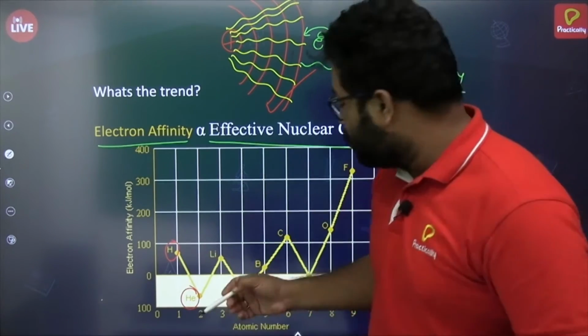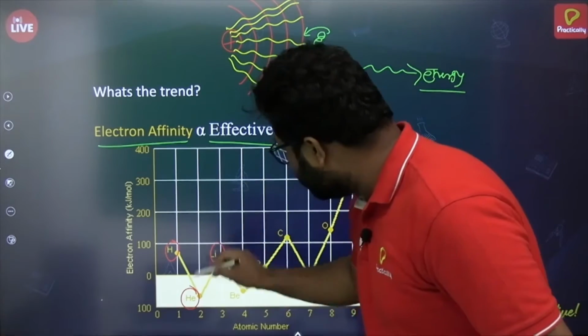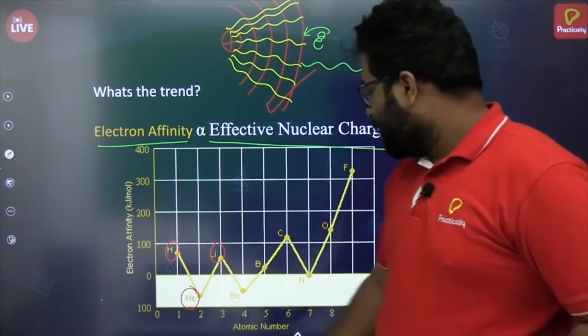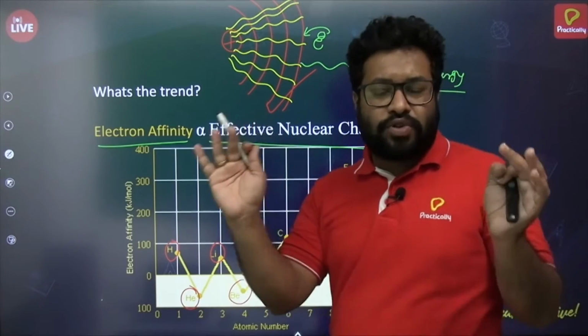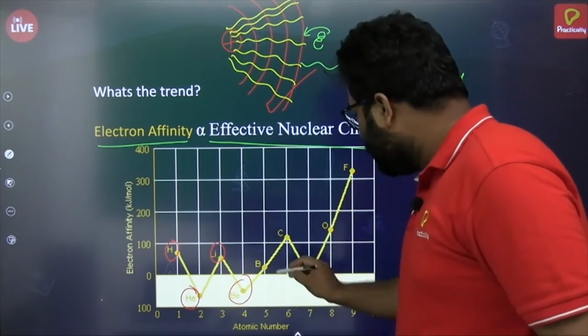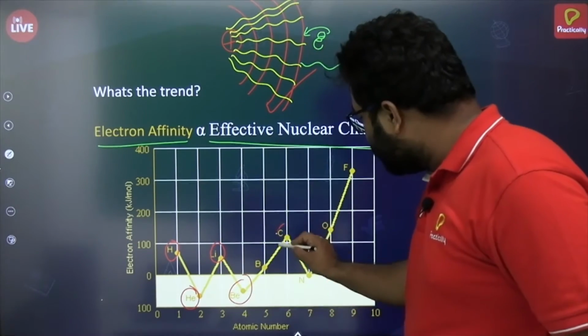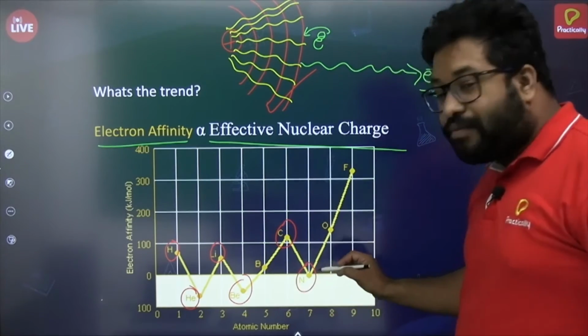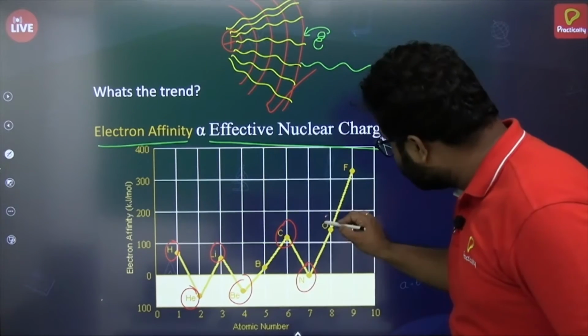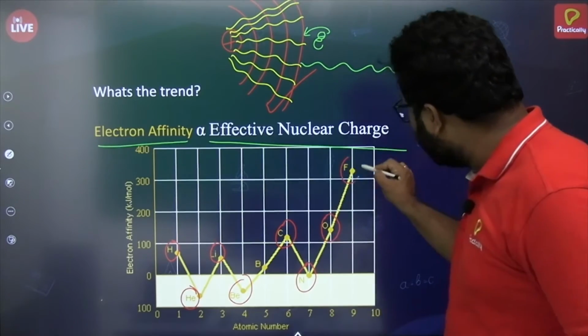So then again it went to lithium. Again you can see it's a positive value, right? From lithium again it decreased to beryllium. Beryllium is almost having 0 electron gain enthalpy. Then it kept on increasing till carbon. Then it again decreases in nitrogen. Then from nitrogen it kept on increasing through oxygen till fluorine.